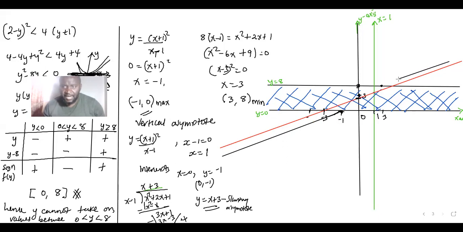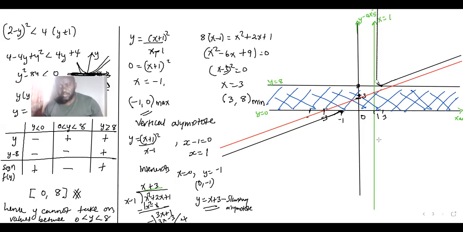So it has been brought back by the asymptote, which is the slanting asymptote. When it arrives, it is going to turn minimally up here. Then after it has turned minimally, it's going to turn and go back and follow the vertical asymptote. Then it becomes asymptotic again, up to the sky.